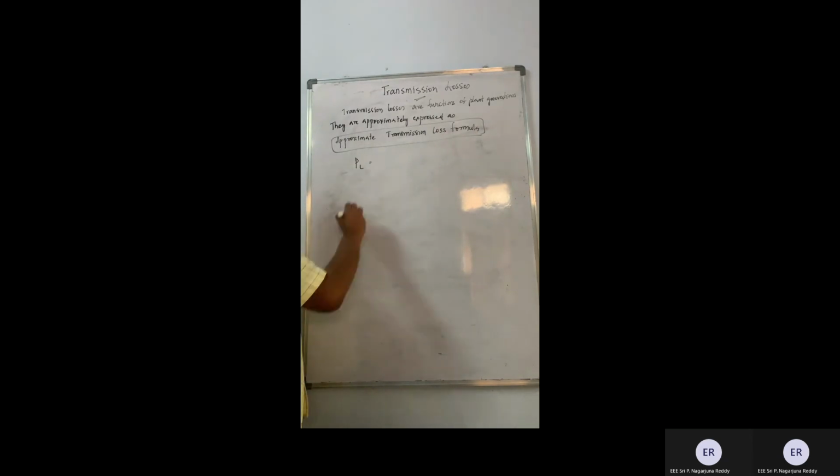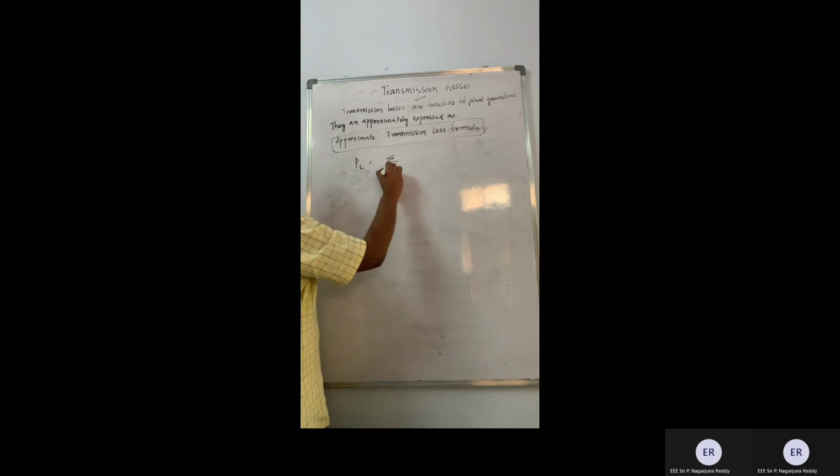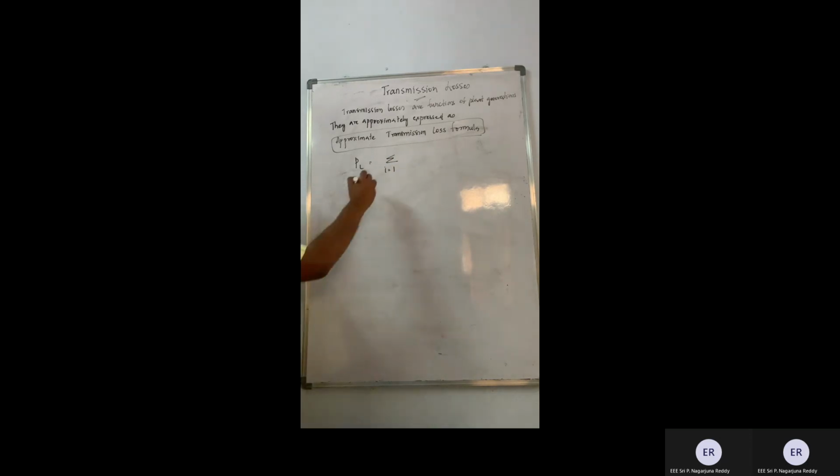PL is equal to, where PL is the transmission loss, the double sum over i and j from 1 to n.